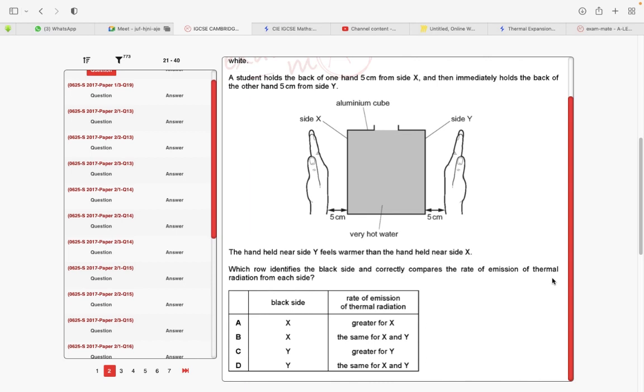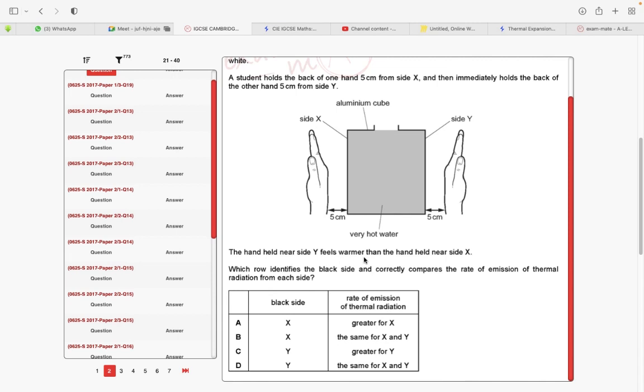So they said here the hand held near side Y feels warmer than the hand held near side X. Before I read this, I thought it probably is inside X. But then when they said the hand held near side Y feels warmer, that means white is side Y. Did they mention what Y is?